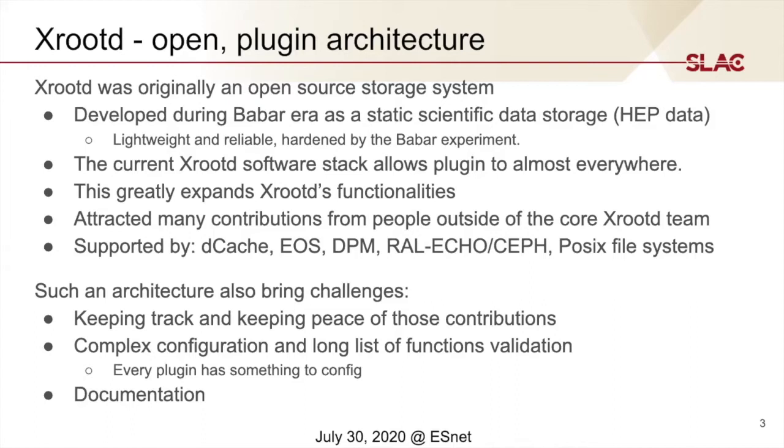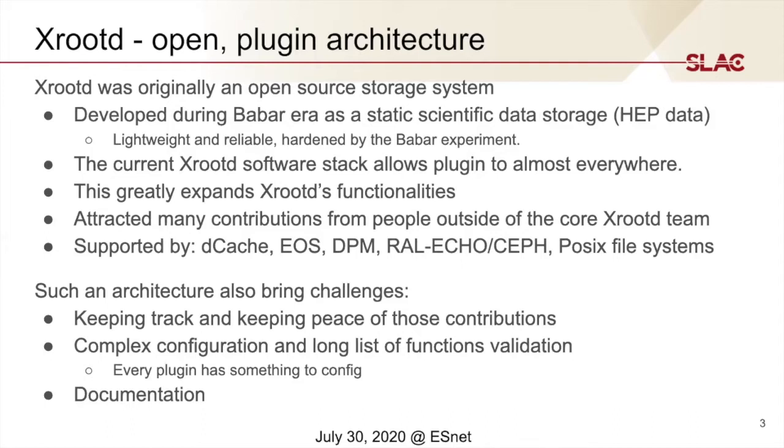The current form of the Xroot software stack allows plugins almost everywhere. This allowed us to greatly expand Xroot's functionalities. And it is also because of this reason, the plugin architecture and the open source, that we attracted many contributions from people outside of the core Xroot team, which is actually pretty small.